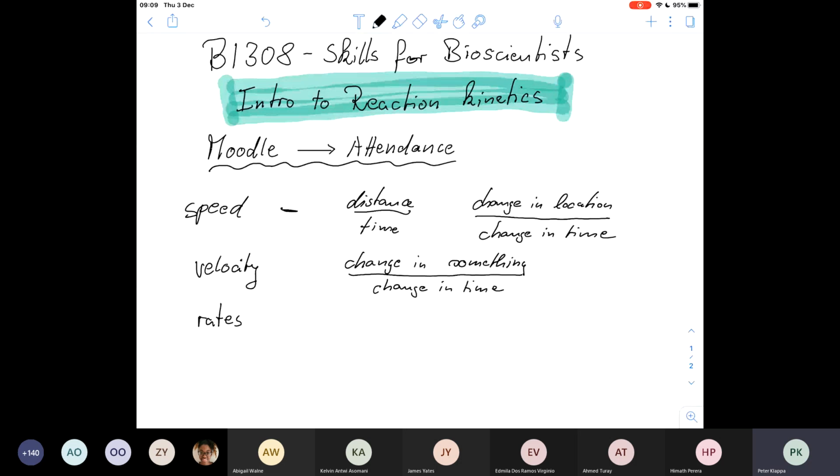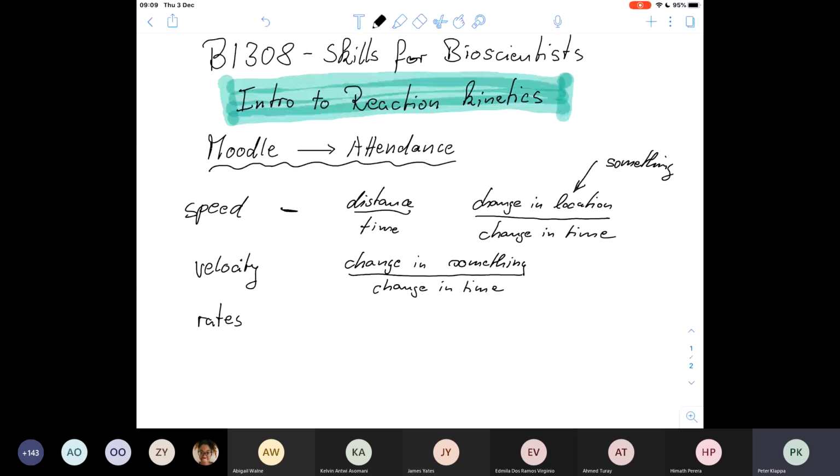And with speed, we probably can also be quite general and say change in something, because we can change not only the location where we are, but we can also change, for example, the amount of donuts that we can eat or something like that.